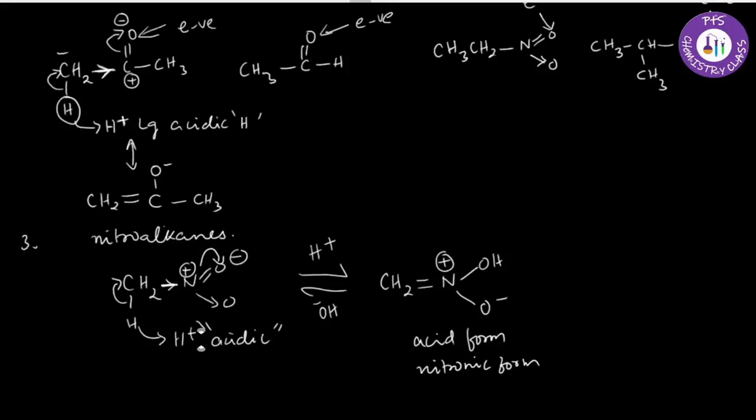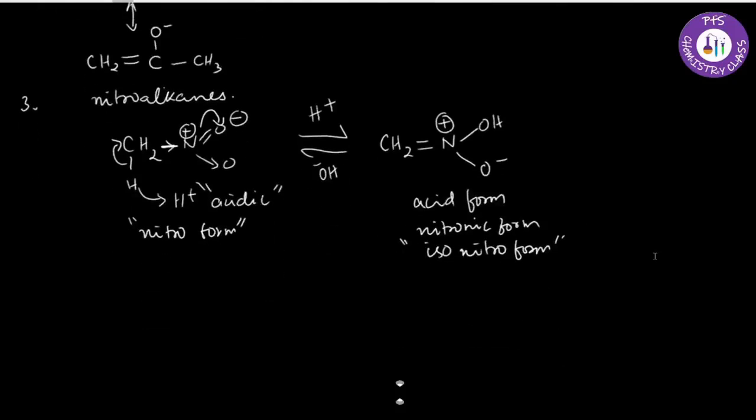So this is the nitro form and this is the isonitro form. These are some of the names and terminologies you should be familiar with. In the entrance exam they can ask you using any terminology.